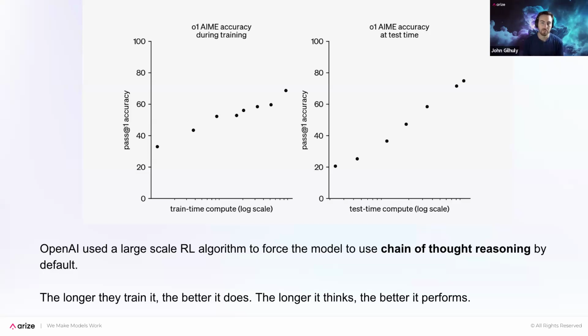They mentioned a couple of interesting things: you get better model performance by increasing the training time with this reinforcement learning algorithm, so the longer they train it, the better the model will perform. But also the longer they give the model to think on each query, the better it performs as well, which is interesting.